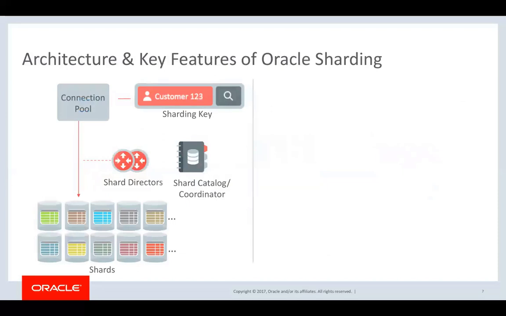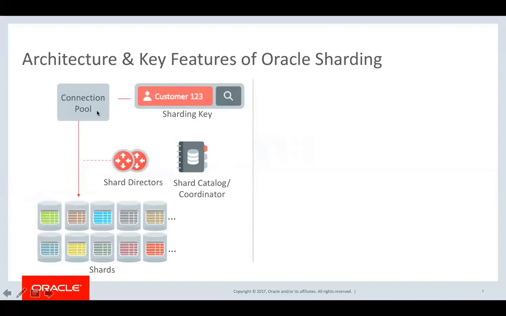Quick overview on the components of a sharded database. You have a bunch of shards which host the data as well as the replicas. You have the shard management and routing tier, which has two components: shard directors, which are instrumental in routing the connections, and then also the catalog database, which hosts the metadata of a sharded database, hosts the golden schema of your application, and many others, which we'll talk about in a bit.